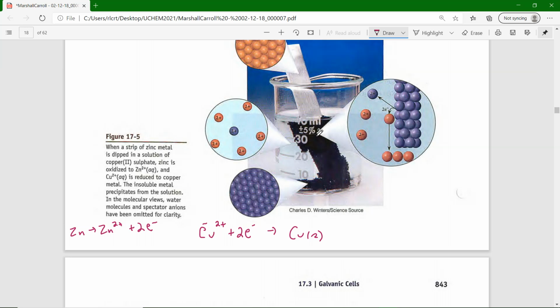The other thing is to separate these into two electrode compartments, two half compartments, for oxidation and reduction, and you put a wire between them and some load, which then can be powered by the electrons now being forced to go through that wire as they go from the anode compartment to the cathode compartment. Okay, and that's the way electrons flow.